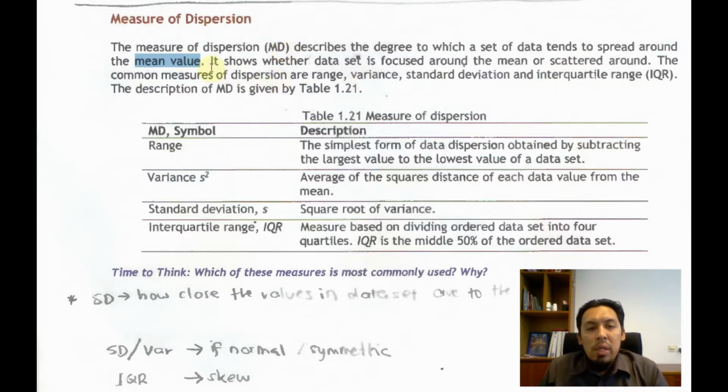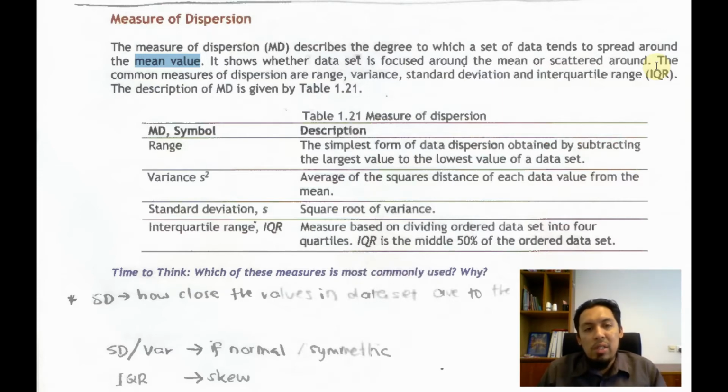So later, by looking at measure of dispersion, we're able to see whether the data set is focused around the mean or scattered around. In other words, just imagine that you calculate the average of CGPA for your class, and later you find the dispersion and you see that the value is small.